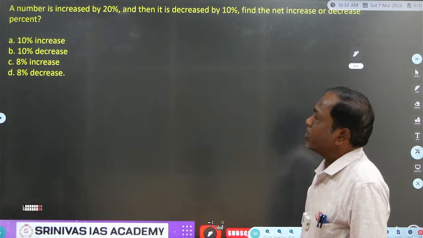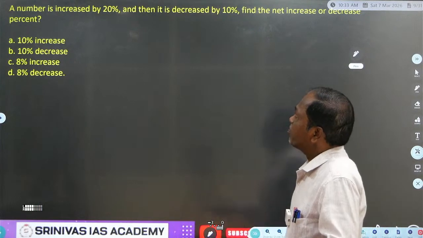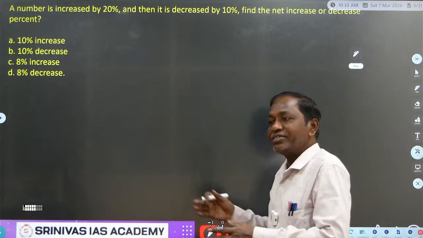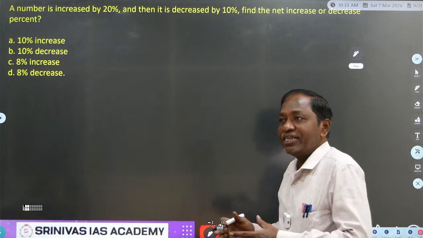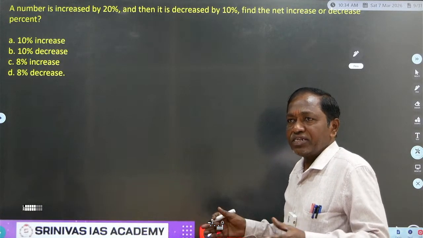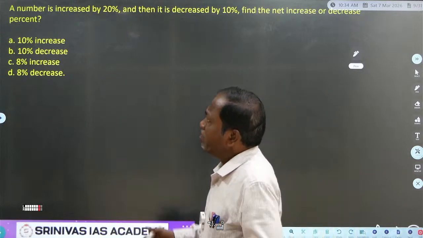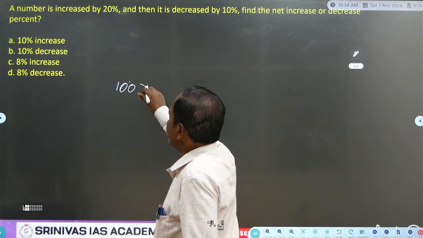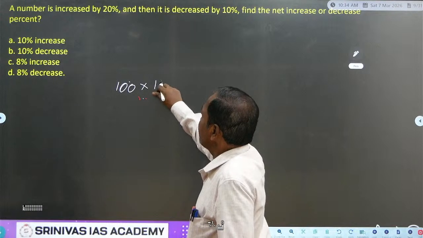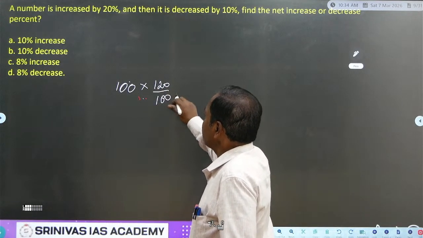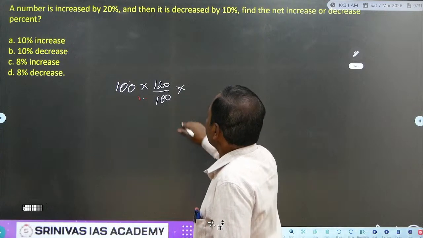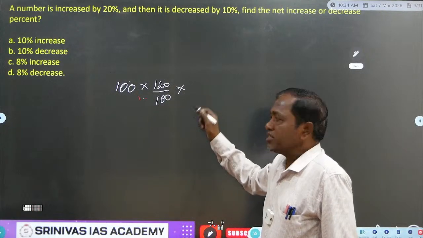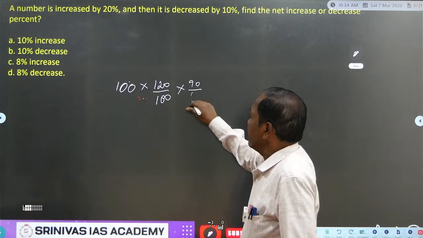Now, a number is increased by 20%, then it is decreased by 10%. What is the net increase or decrease percent? It is not the same, this doesn't qualify for x square by 100. We need to know the number, but it is not given, so let the number be 100. Increase by 20%, so multiplied by 120%, then decreased by 10%, which is 100% minus 10%, so multiplied by 90%.